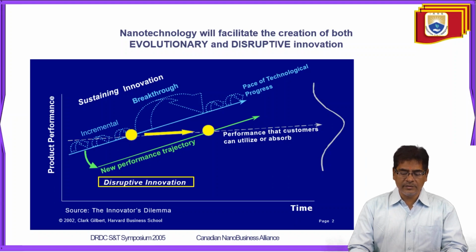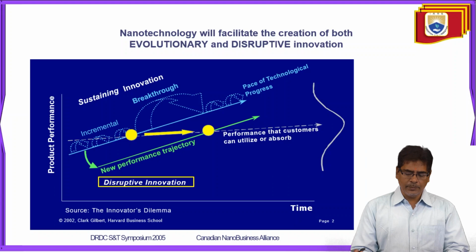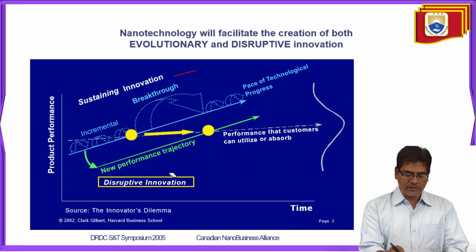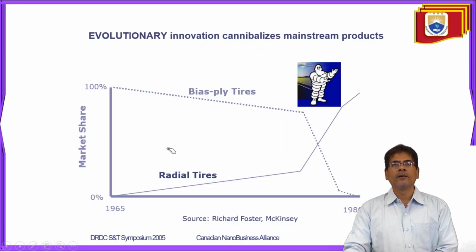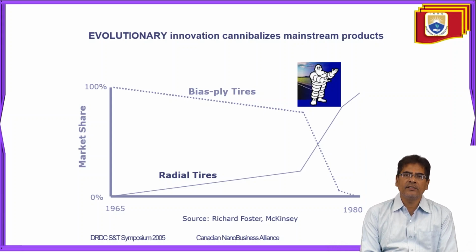In nanotechnology, we see the creation of both evolutionary and disruptive innovation. So this is the disruptive innovation, and this is the sustaining innovation. Evolutionary innovation can be realized as mainstream products.